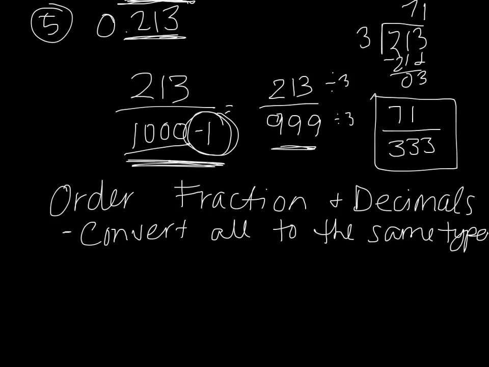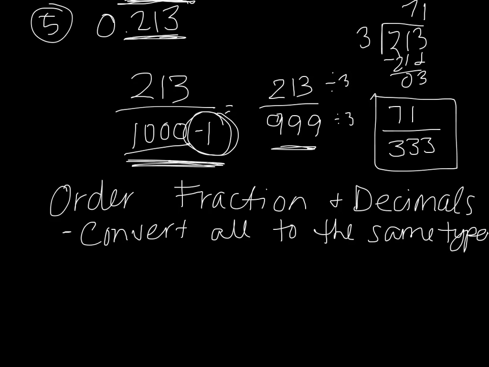Okay, so for me, it's easier to go from a fraction to a decimal because all I have to do is divide them. But, I mean, it might be easier for you to go decimal to fraction. It all just depends on what you decide you want to do.